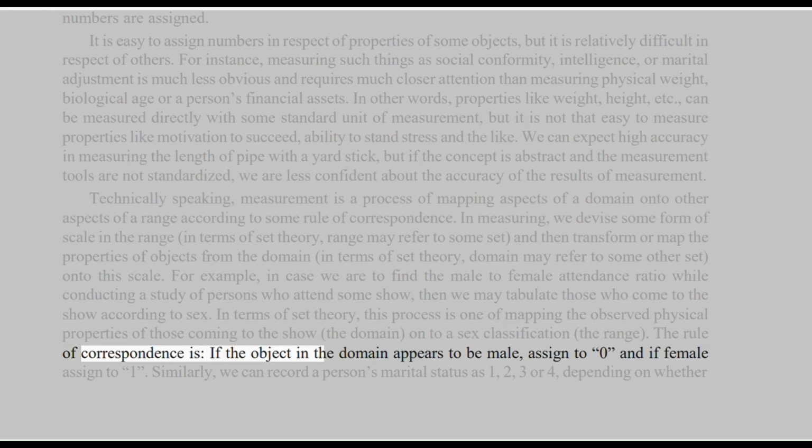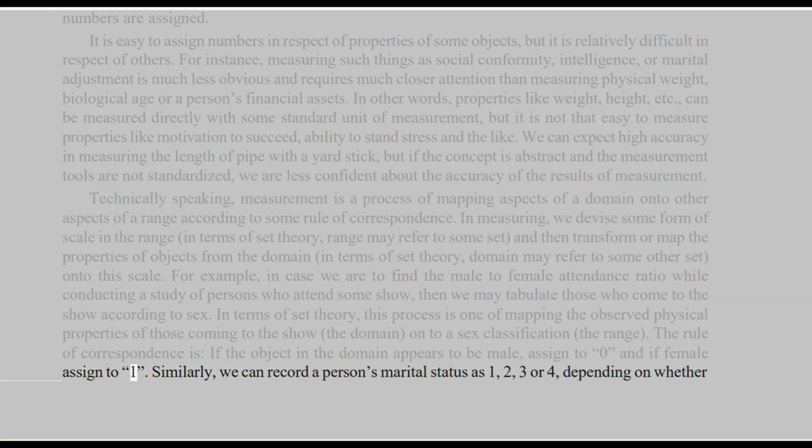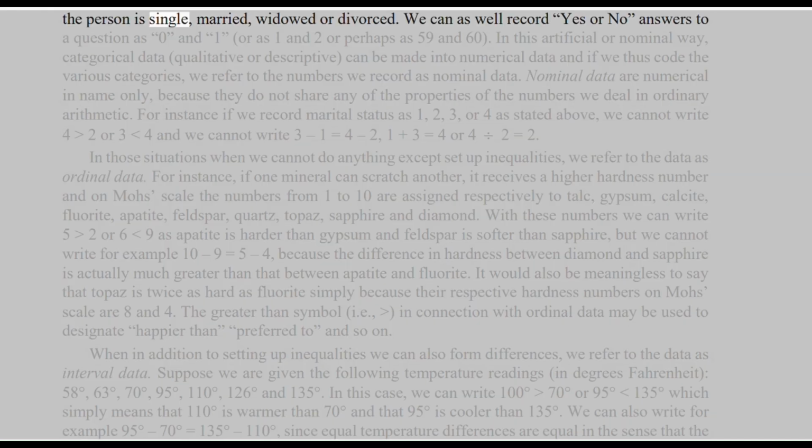The rule of correspondence is, if the object in the domain appears to be male, assign 0, and if female, assign 1. Similarly, we can record a person's marital status as 1, 2, 3 or 4 depending on whether the person is single, married, widowed or divorced.